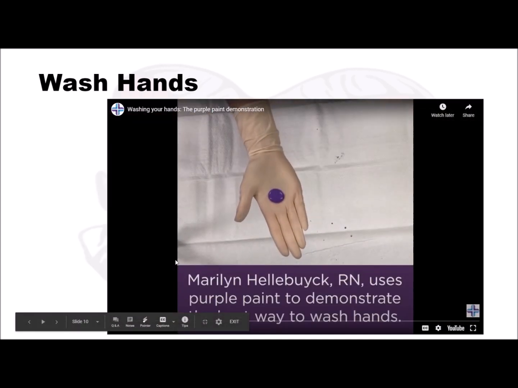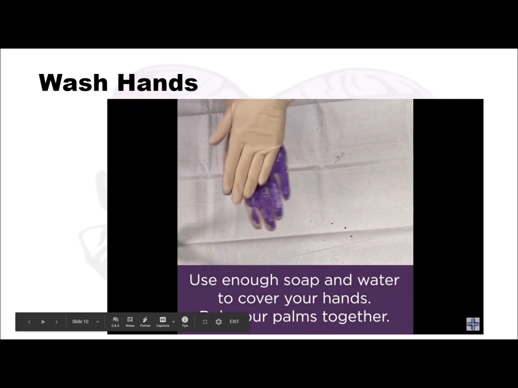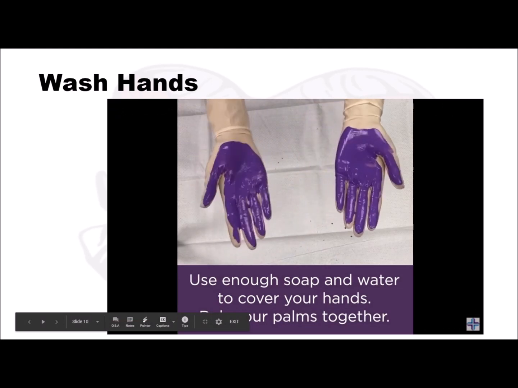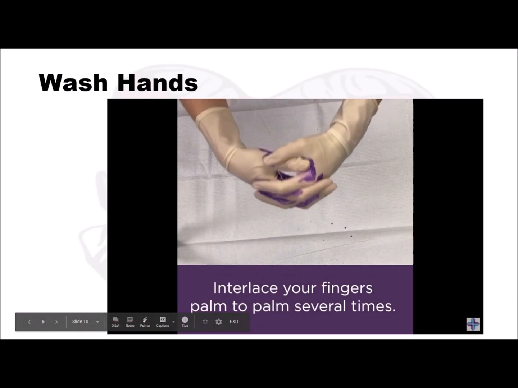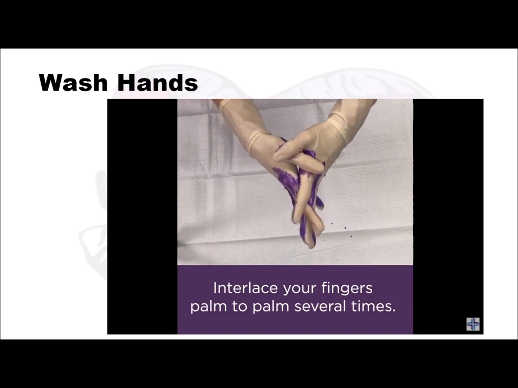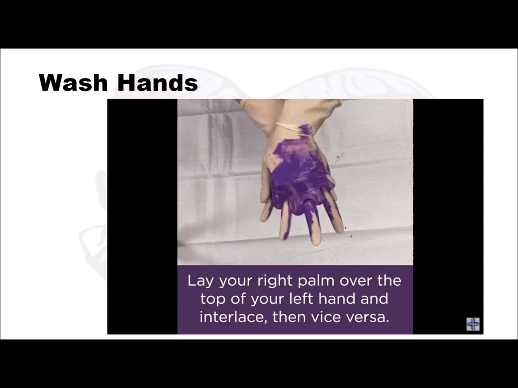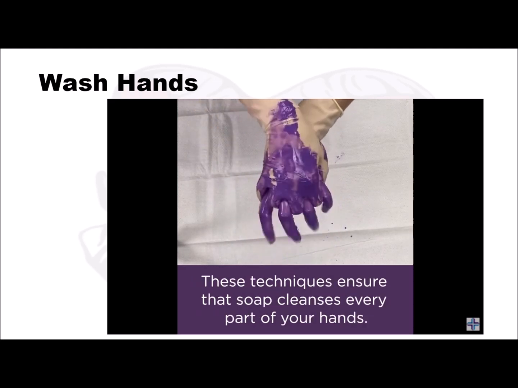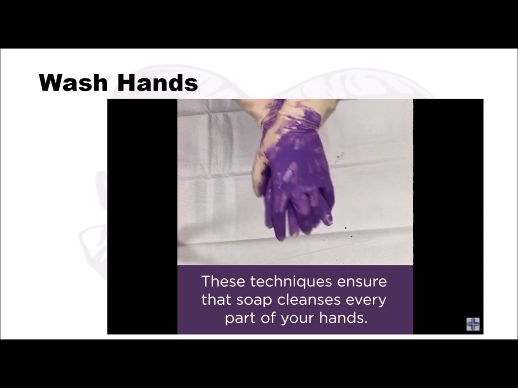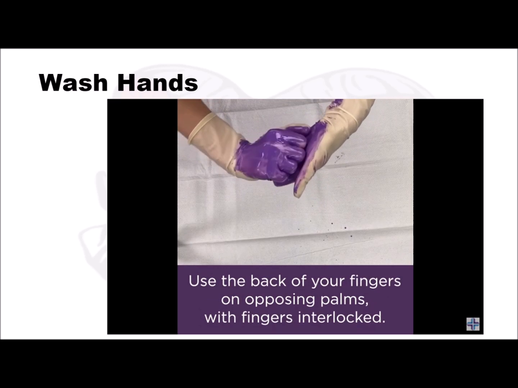Let's first put soap in the palm of our hands and then begin to rub in between like so. But as you see, there is no soap on the back of my hands, so I'm going to interlace my fingers palm to palm, and then I'm going to do the same technique on the back of my hands with each hand. And then you're going to take the back of your fingers to opposing palms with fingers interlocked.